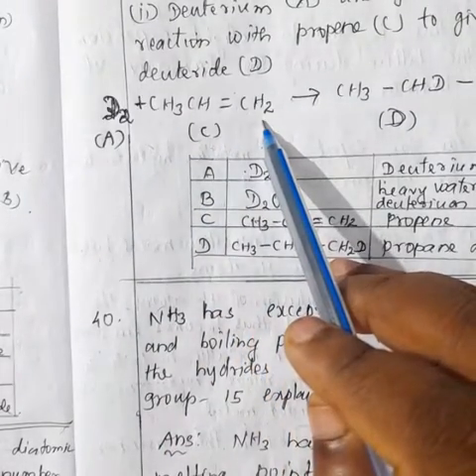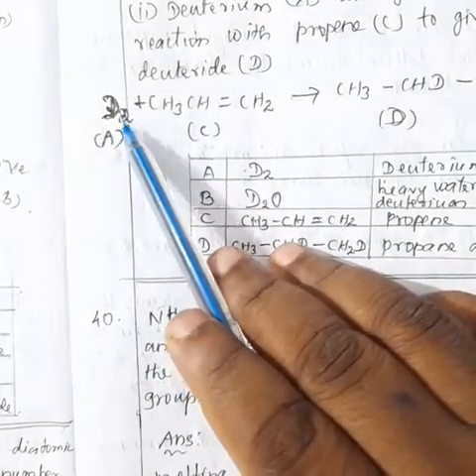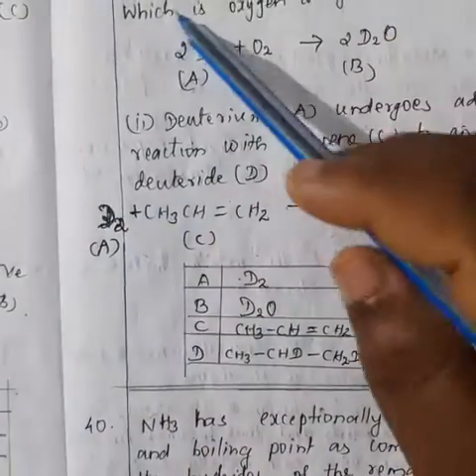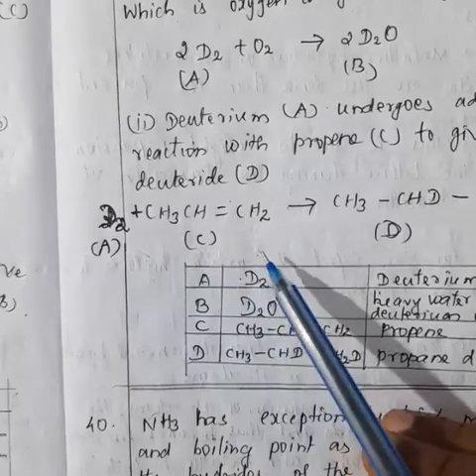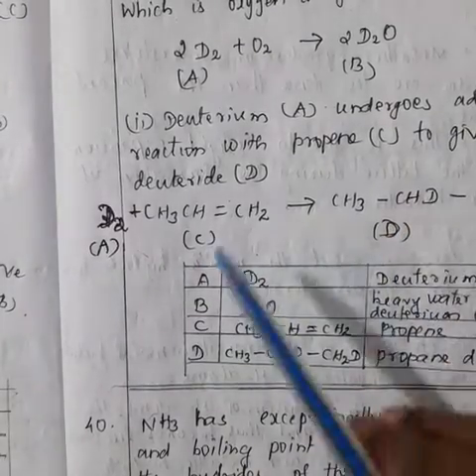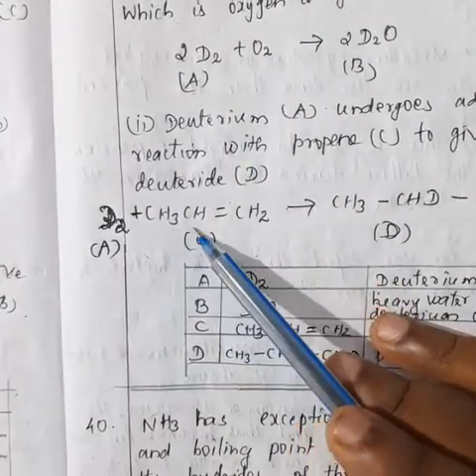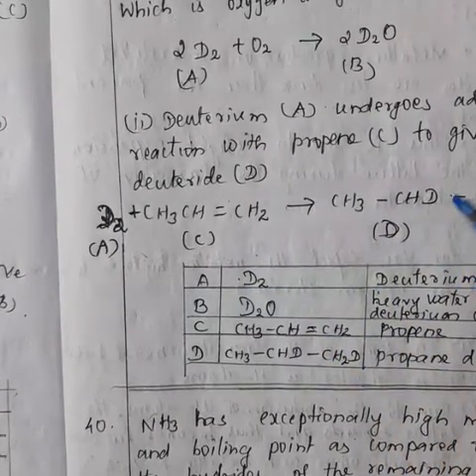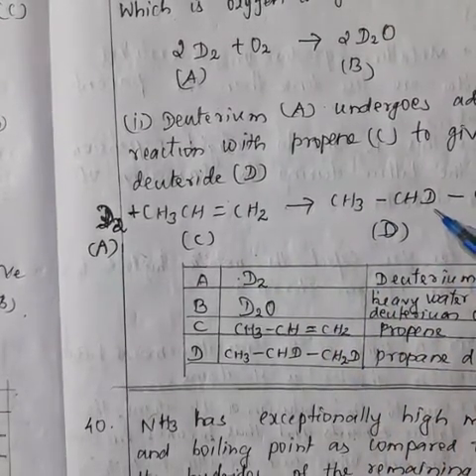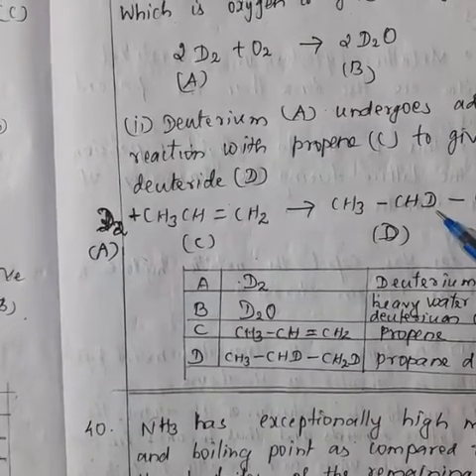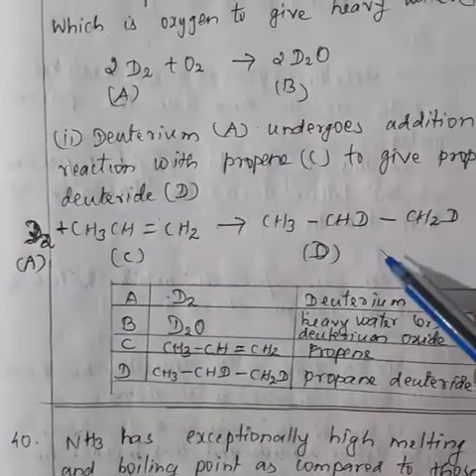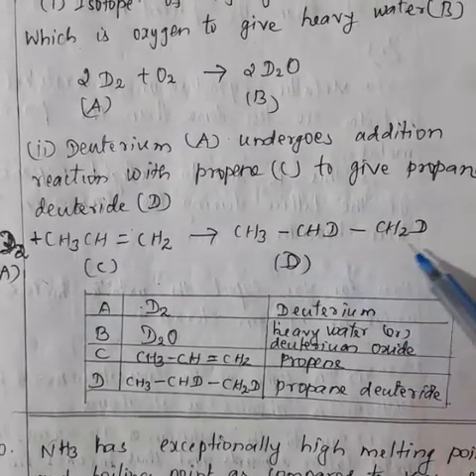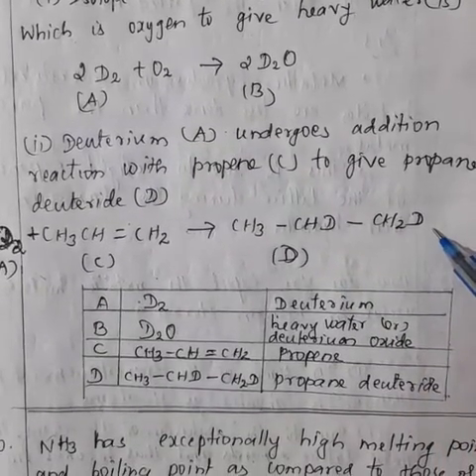So when A reacts with this compound, A adds to this compound to give compound D. Okay, so A means D2 plus CH3, CH double bond CH2 gives CH3, CHD, CH2D. Okay, deuterium is added here, in this position.